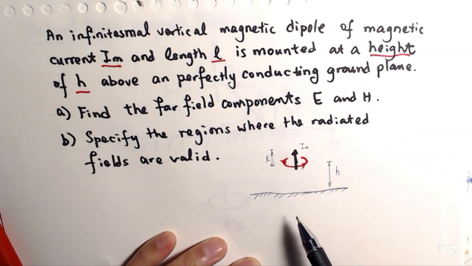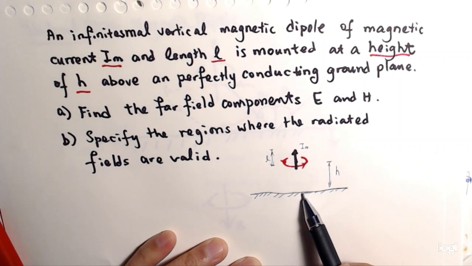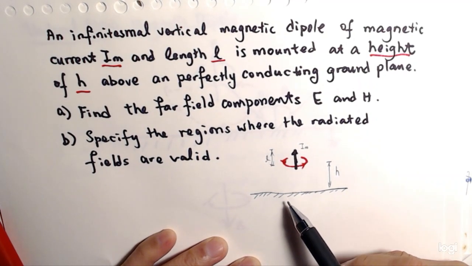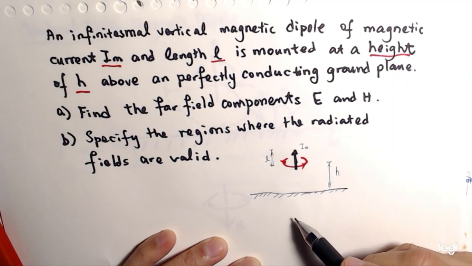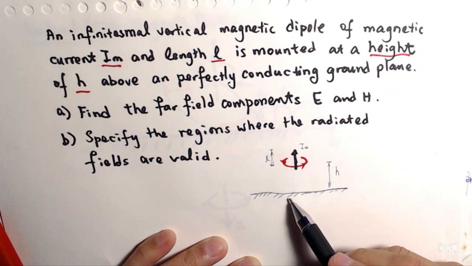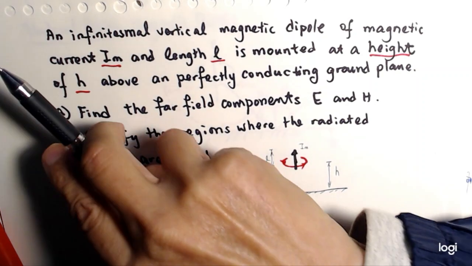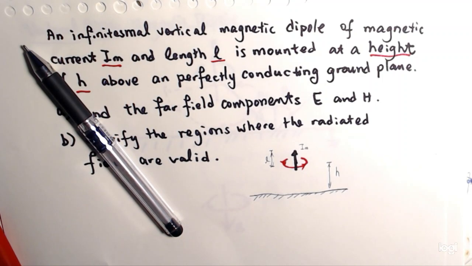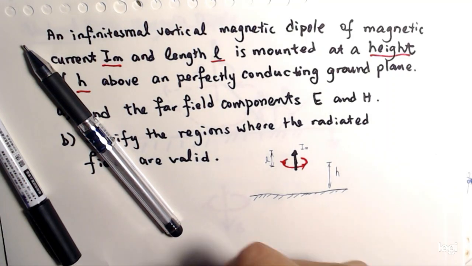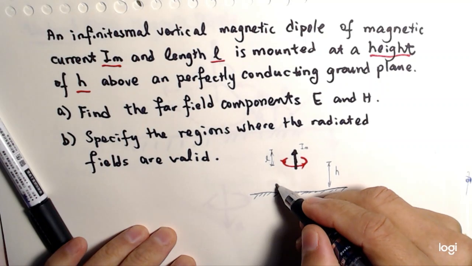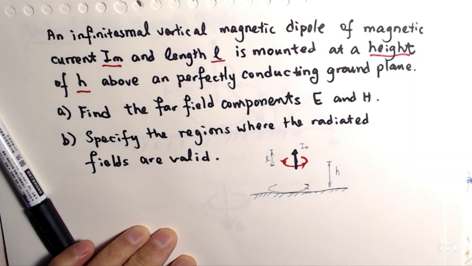In order to produce a zero tangential electric field, you need to have an image which produces a current in such a way that it cancels off all the electric field on the ground interface. So for example, in this scenario, you might have an electric field in this direction.